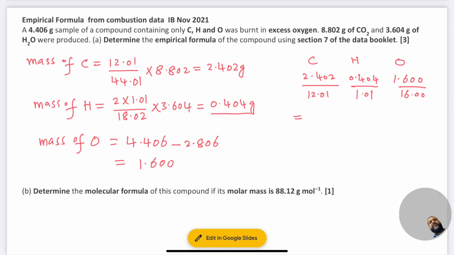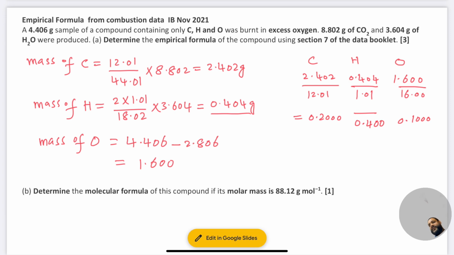If I solve that, that will give me 0.2000, 0.400, and 0.100. So the next step is to divide by the fewest moles.